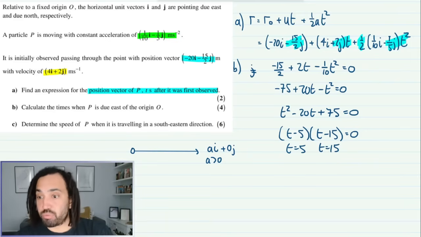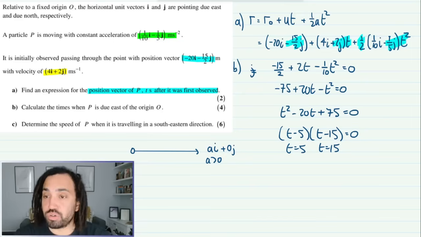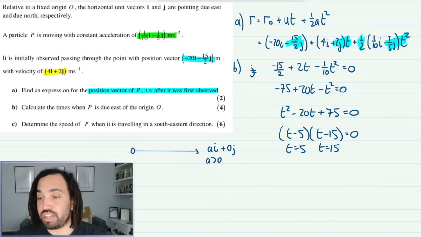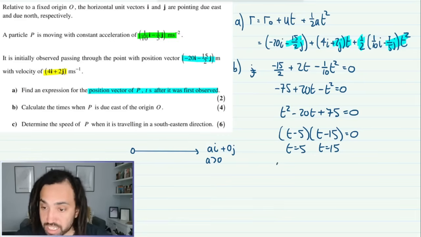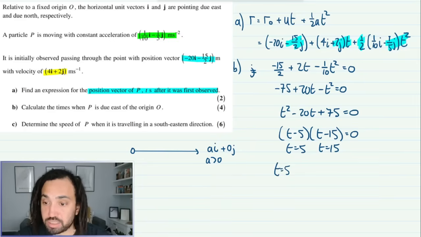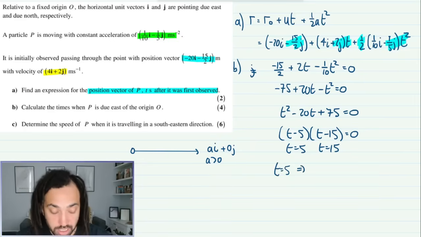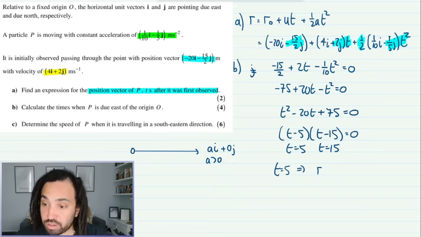Then again, we would need to check that the t values give us a positive i position. So you would substitute t is equal to 5 into the i value.